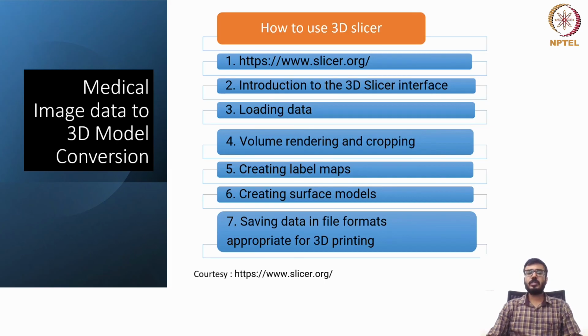Then we'll go to the volume rendering and cropping section, and then we will see creating label maps, and later on we will also see how we can convert this into surface models, and how these models can be converted to 3D printable formats. All these steps we will see in detail.